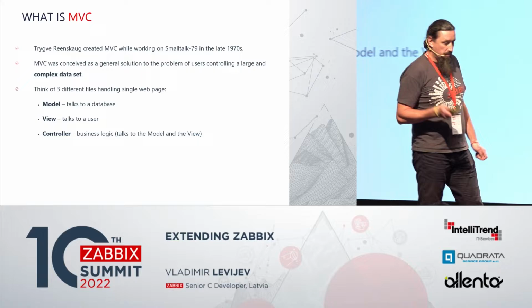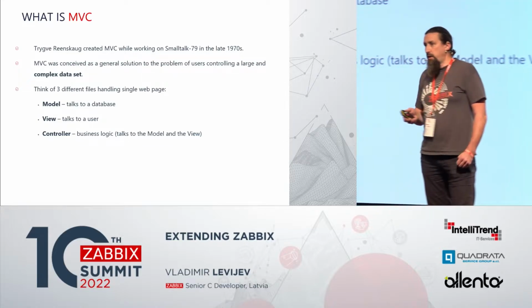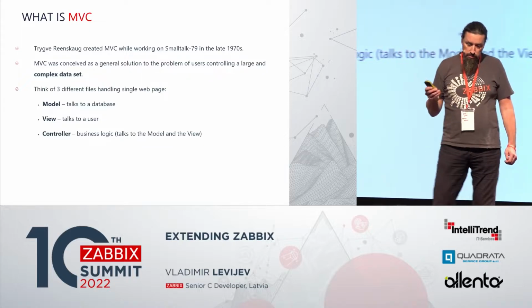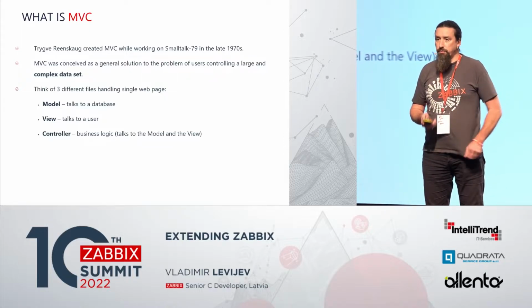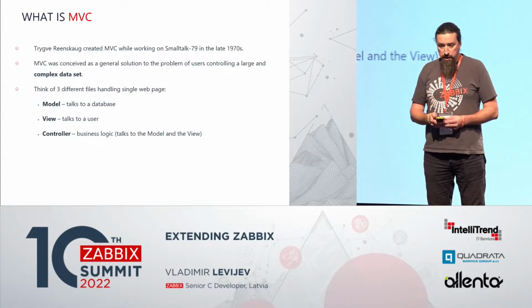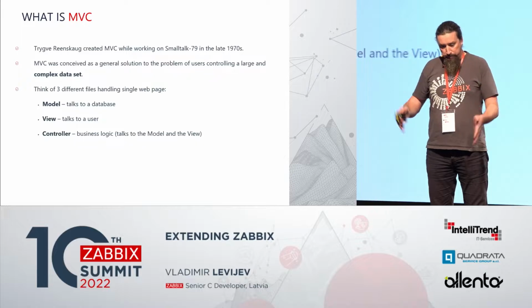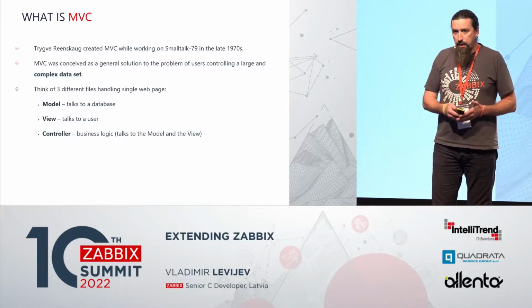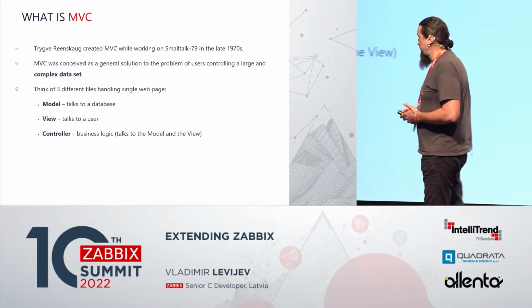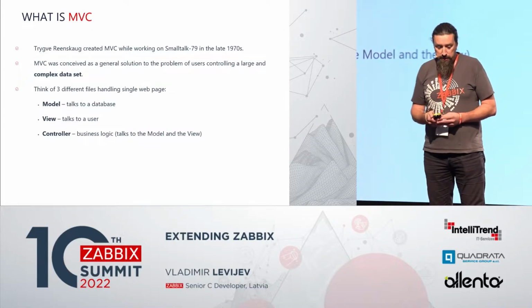So the PHP code connects to the database using SQL language, then it performs some business logic in PHP language, and then it outputs the data in HTML. So you have SQL code, PHP code, and HTML code in one file. That's really hard to maintain, especially if the data set is complex.